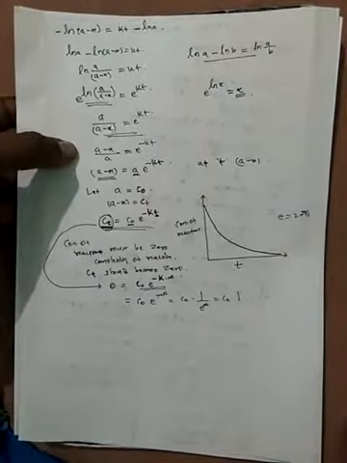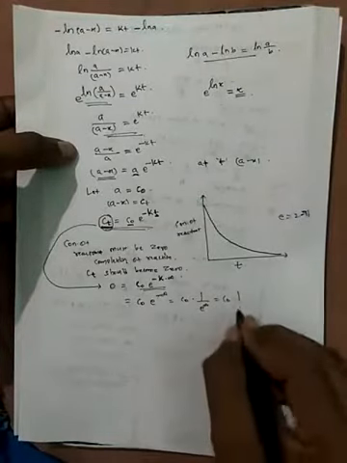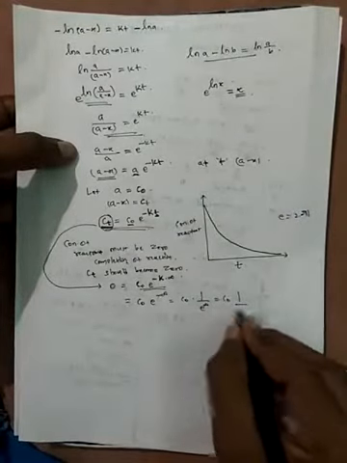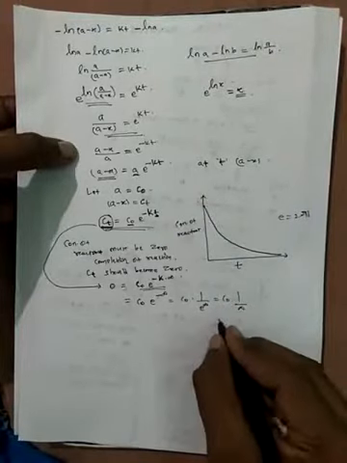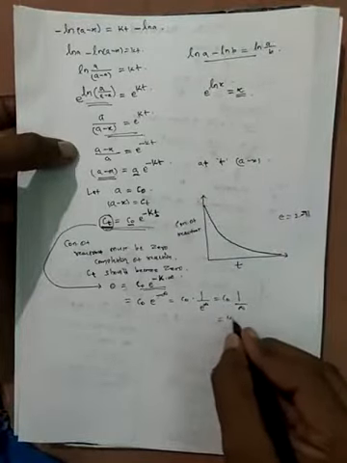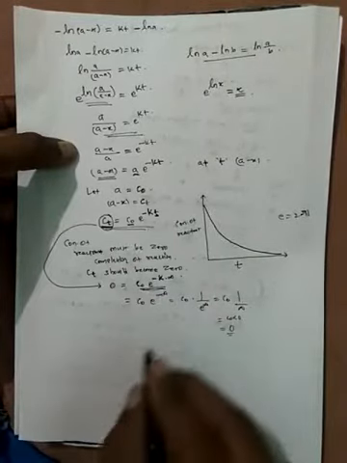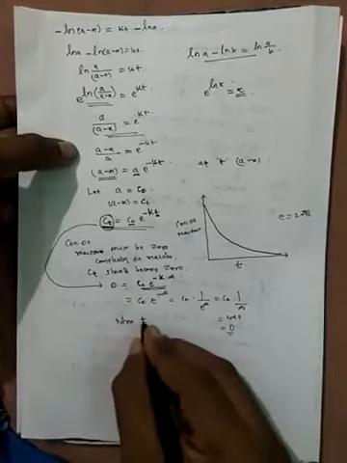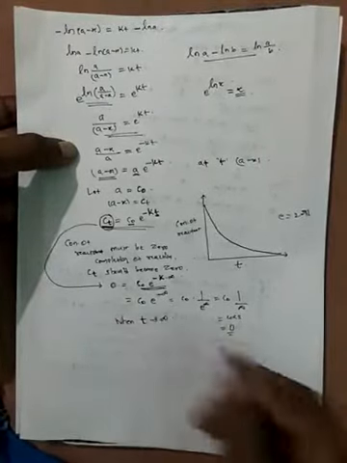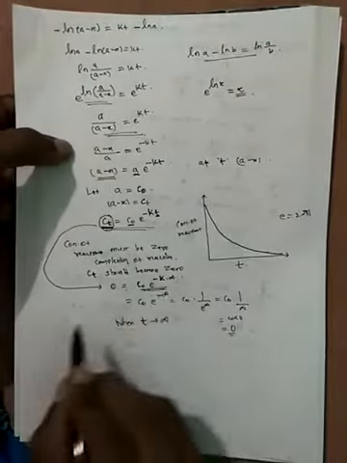The value of e is actually 2.718, so e power infinite is infinite, and 1 by infinite is actually 0. So C0 into 0 equal to 0. So the right hand side becomes 0 when the time becomes infinite, right?